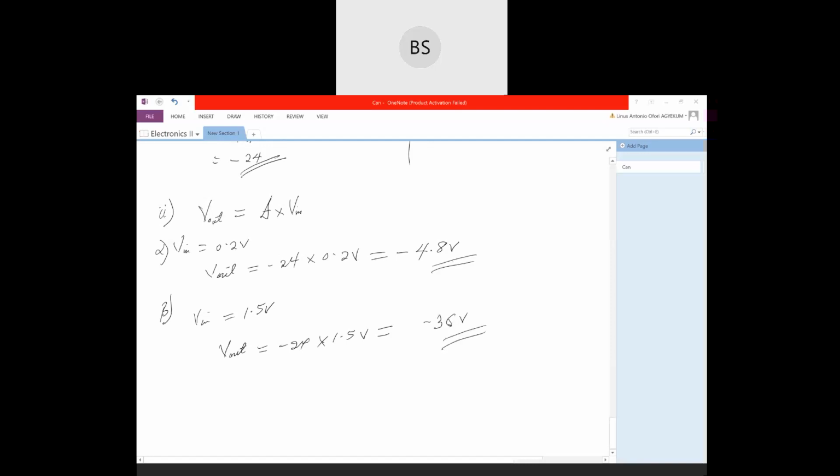That's 36. All right. So we'll get minus 36 volts. Okay. That is the answer for A.